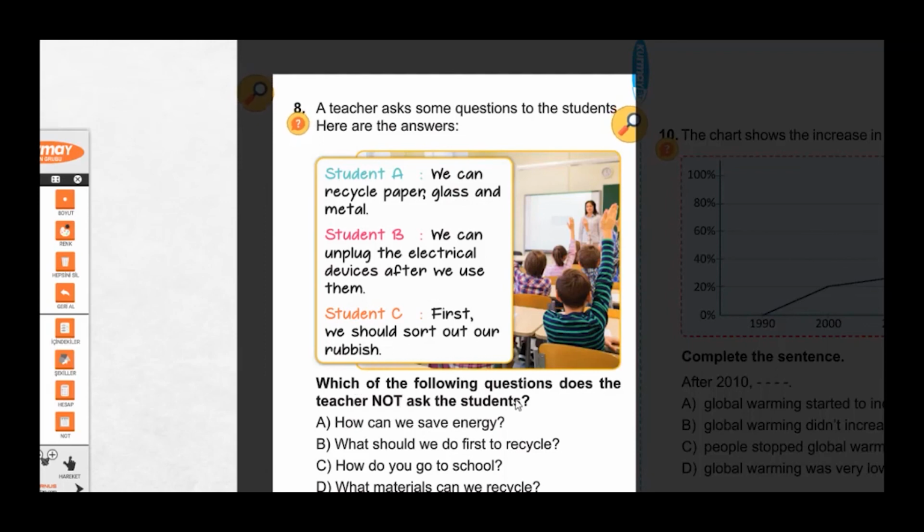Which of the following questions does the teacher not ask the students? How can we save energy? What should we do first to recycle? How do you go to school? What materials can we recycle? The answer is C. How do you go to school? The teacher didn't ask the students about this.